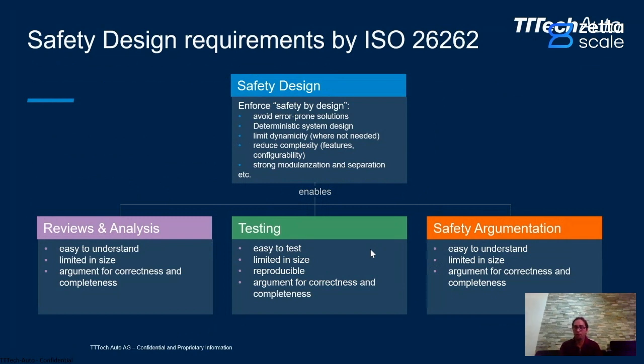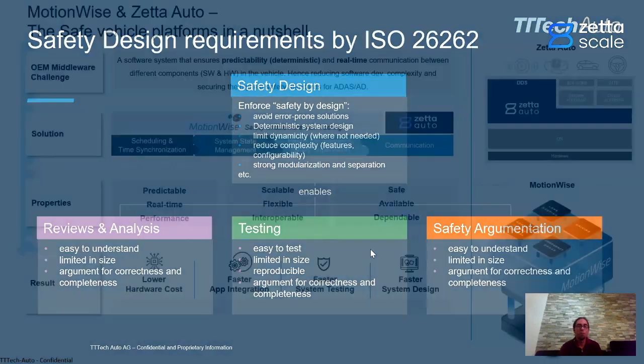All of this you can then put into some safety argumentation. So basically you explain to someone, it's a bit more complicated than that, but you can imagine it like this. You pull together all of your evidence, what you did, and argue that the system is safe, and this should be easy to understand. You cannot have very complex arguments that no one can follow, so this should be simple to do.